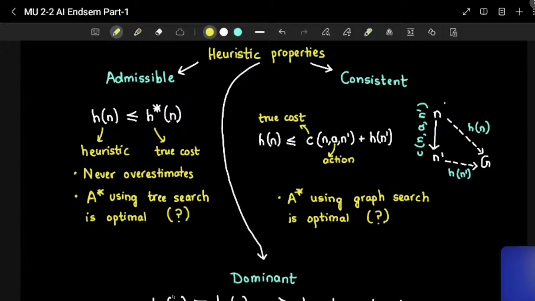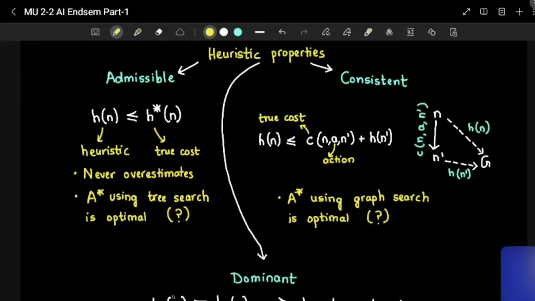So the heuristic of the current node n should be less than or equal to the sum of the heuristic of the next node and the cost of transitioning from the current node to the next node. A is just an action. You did something, and you're going from the current node to the next node.